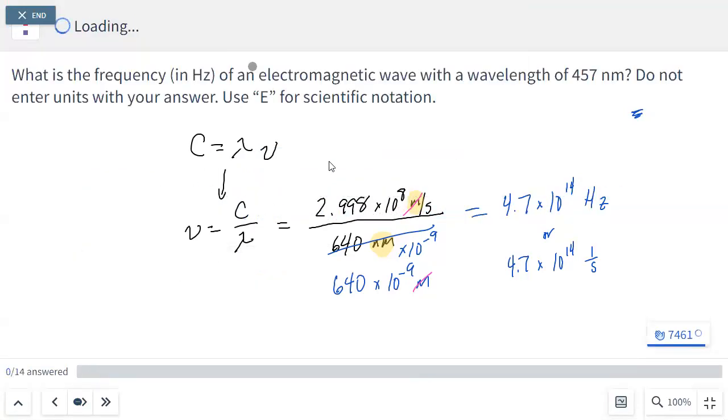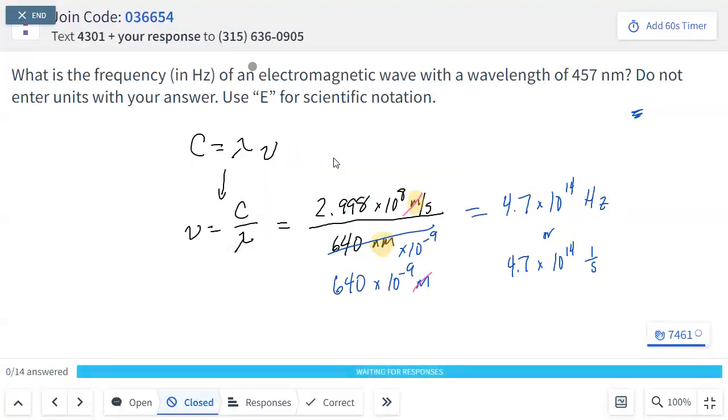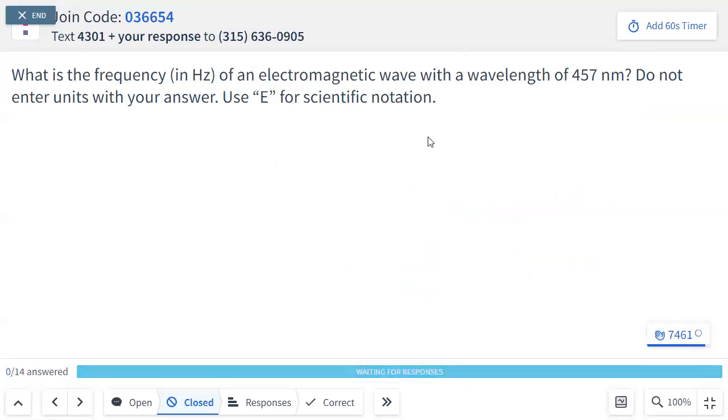Go ahead and try this one on your own then. What is the frequency in hertz of an electromagnetic wave with a wavelength of 457 nanometers?